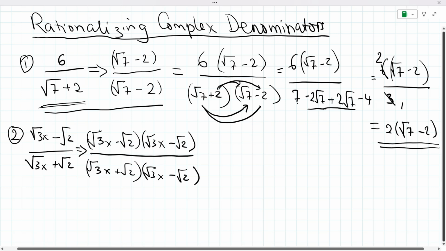So we can start with the top. Root 3 times root 3 will give us 3. Root 3 times negative root 2 will give us minus root 2 root 3. And then we have negative root 2 times root 3 will be negative root 2 root 3.